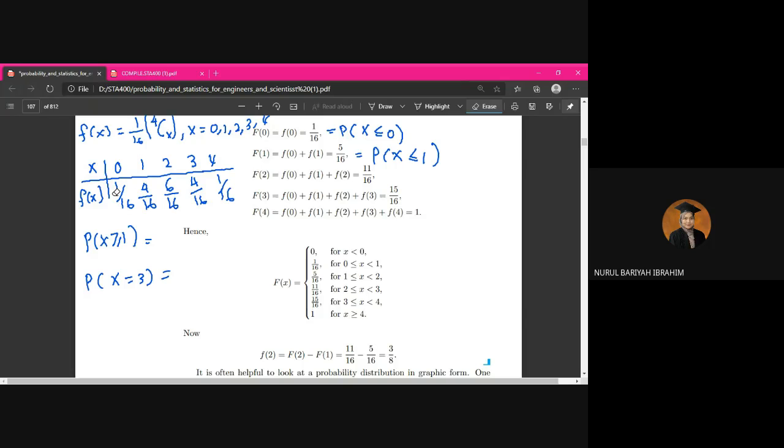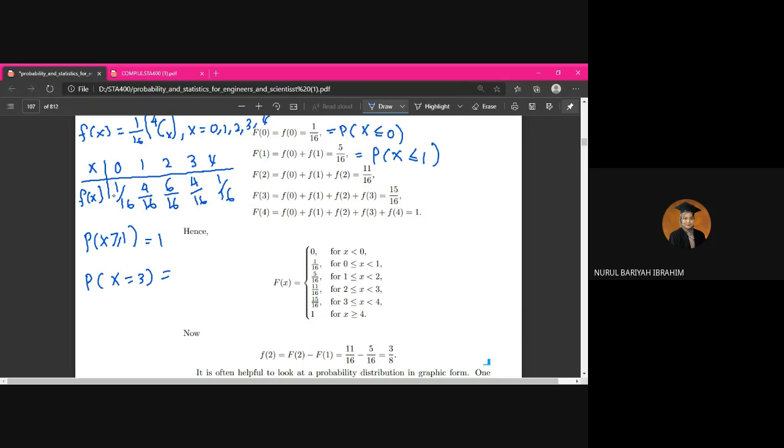Kita ada function ini sahaja. Macam mana nak cari probability of x more than or equal to 1? Sedangkan value di sini adalah value cumulative. Cumulative ni adalah value yang less than or equal to some value of x. And then we know that total semua sekali adalah satu nilai probability.